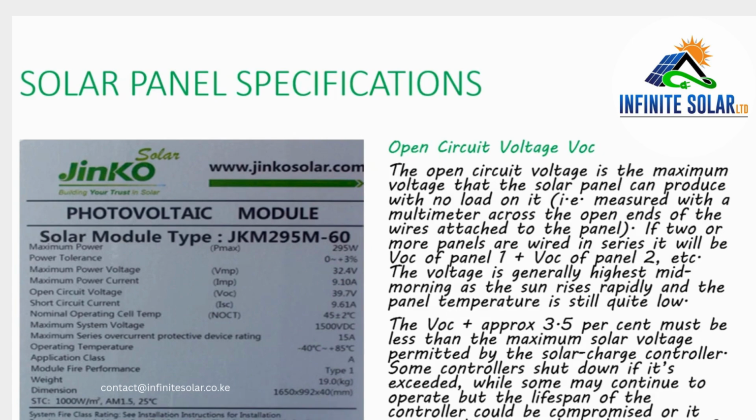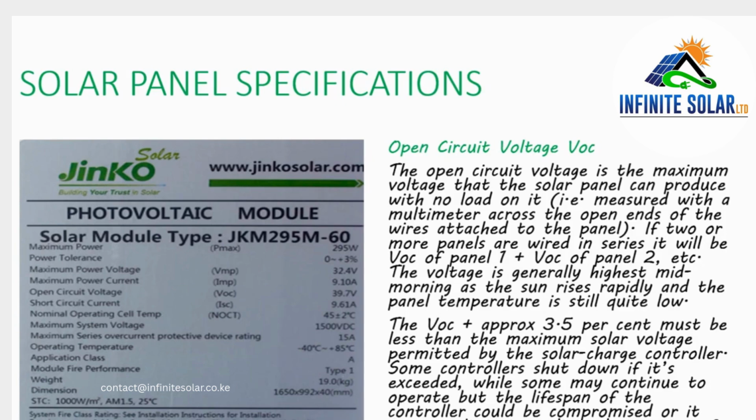If two or more panels are wired in series, it would be the VOC of panel 1 plus the VOC of panel 2 plus the VOC of panel 3, etc. While when the panels are connected in parallel, it's a different case, which we shall discuss later when doing designs.